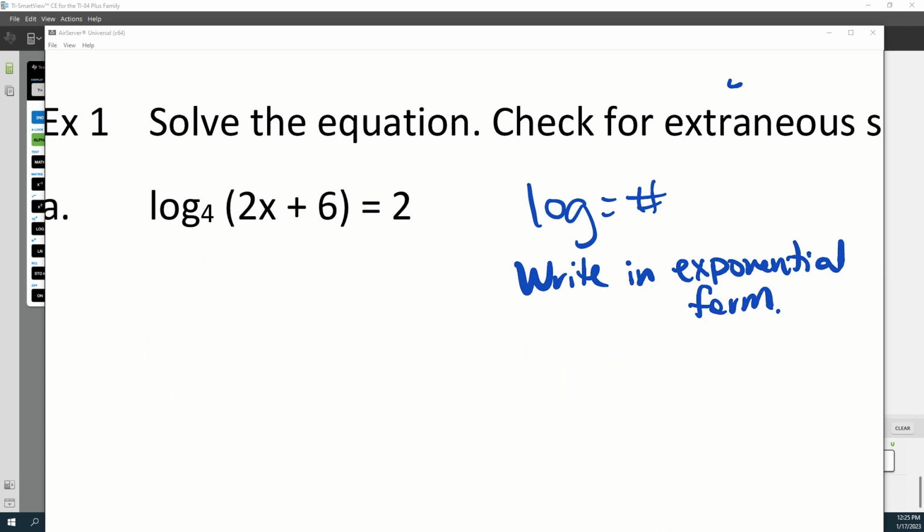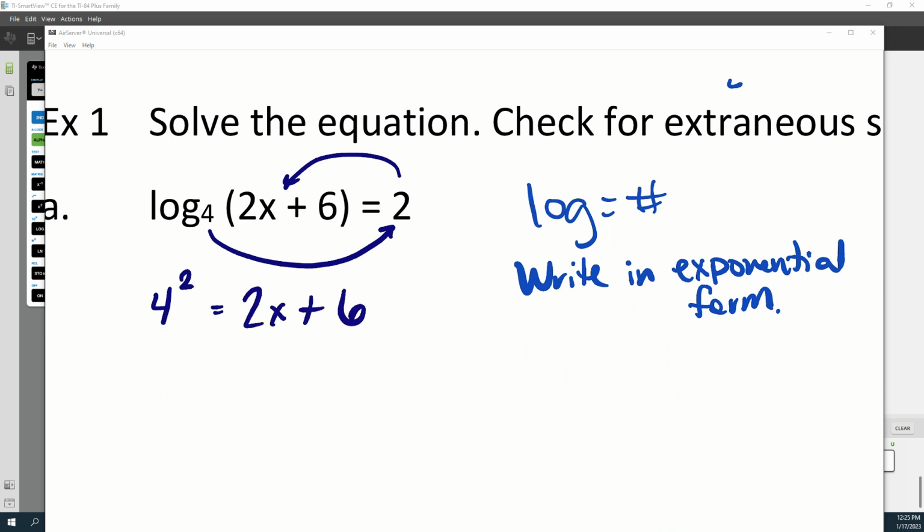All right, so that's the loop. So what we would do is write that 4 to the second power is equal to 2x plus 6. So that's like the very first thing we learned about logarithms. All right, and then 4 squared is just 16. All right, and then we're just going to solve this for x.